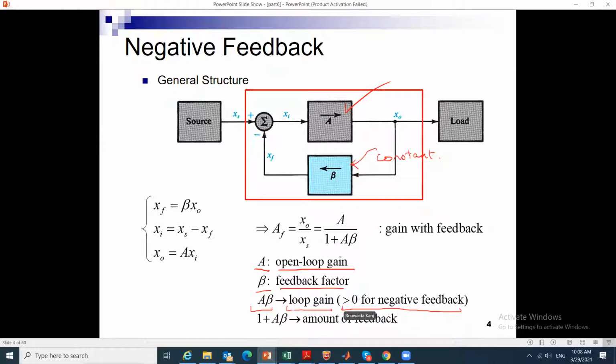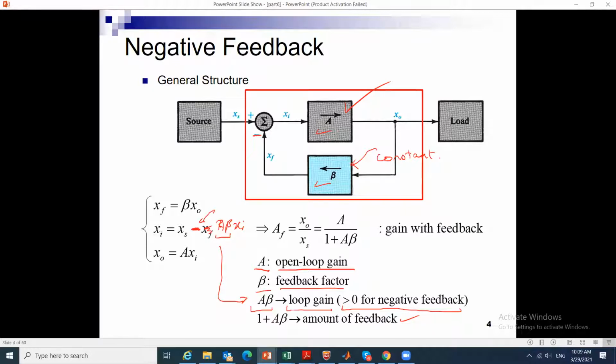Now I have an A block and a beta block. If I want to make sure eventually that Xi equals Xs minus Xf, since Xf is equal to A beta times Xi, I want to make sure that this quantity is positive so that I maintain the negative feedback status. Therefore 1 plus A beta is typically referred to as the amount of feedback.